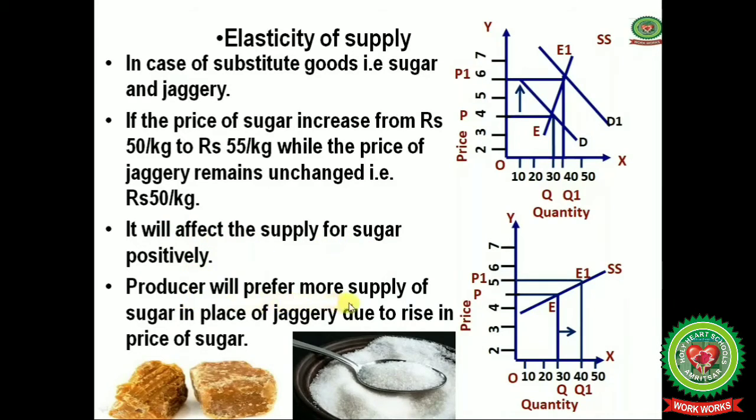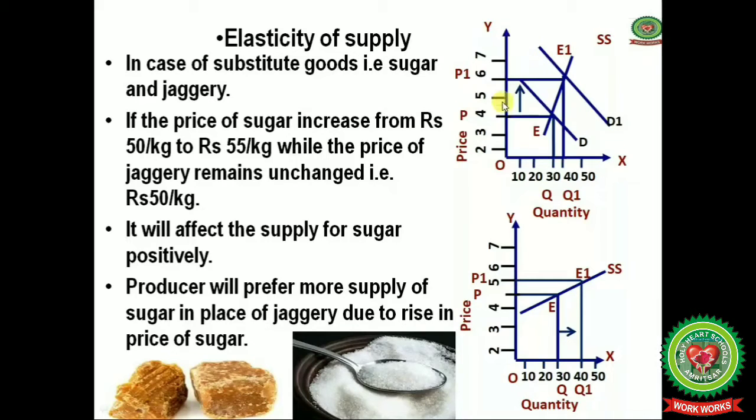The producer will prefer more supply of sugar in place of jaggery due to the rise in the price of sugar. The reason is that the producer's motive is always to earn maximum profit. So the producer will do business in that commodity in which the profit will be more, and the profit will be more only if the commodity is at a higher price level.